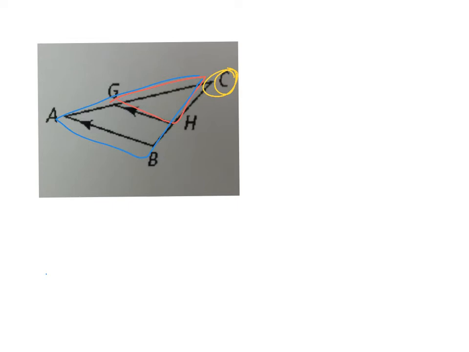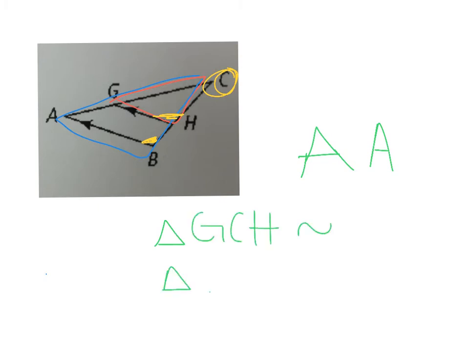So angle CHG in yellow is going to be equal to angle CBA, also in yellow. And that's enough information to prove that the two triangles are similar by angle similarity. Then we can name them both. The small one, GCH, will be similar to triangle ACB.